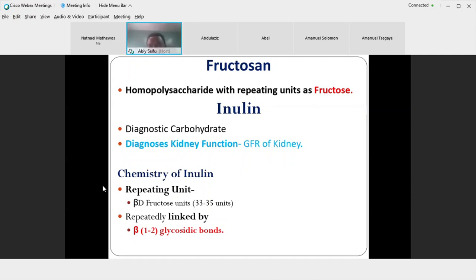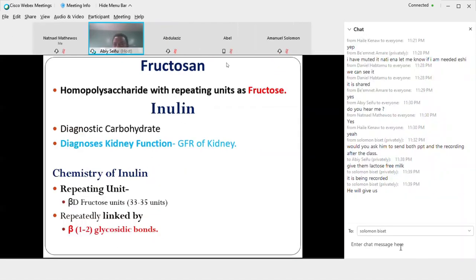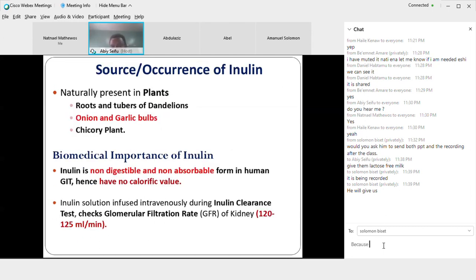What is the reason why kidney failure is increasing in our country? I'm waiting for your response. Why kidney failure is increasing in our country? Yes.